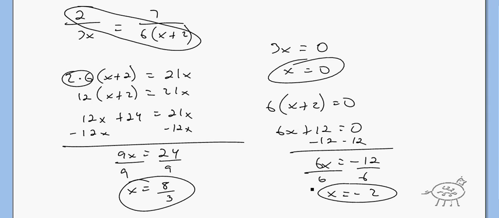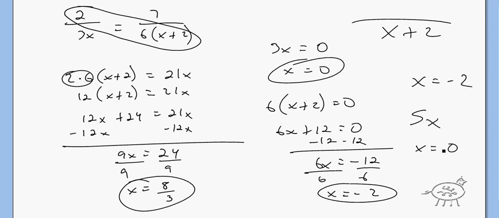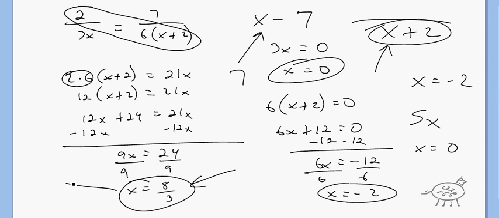You can almost look at this and say, if I see an x plus 2 on the bottom, what can't x be? X can't be negative 2. If I just see a 5x on the bottom, what can't x be? 0. If it's x minus 7, I can't have a positive 7 in there. So my answer for this problem is x equals 8/3, which is a good answer, and that's what you're going to put in the blank.